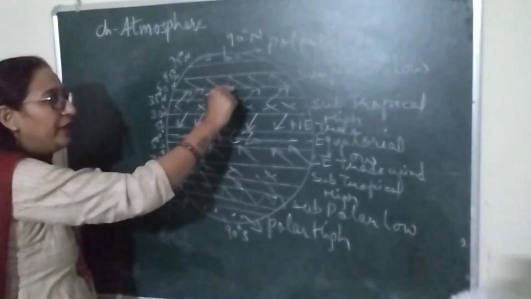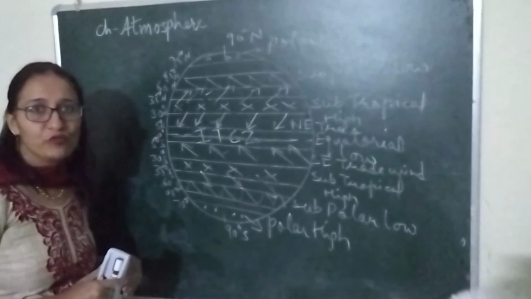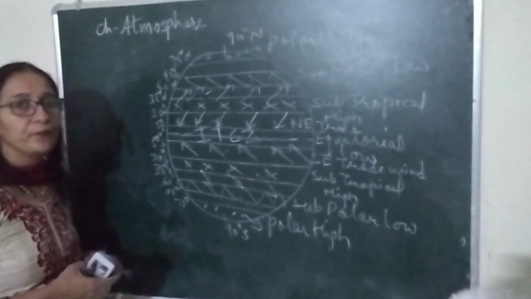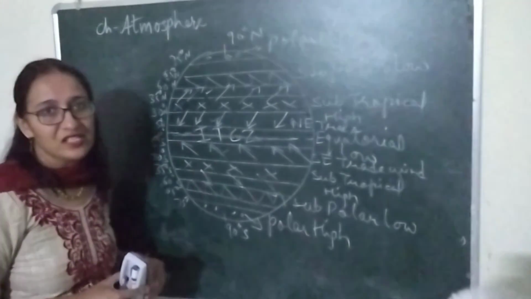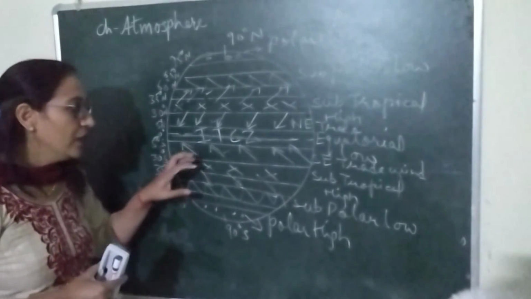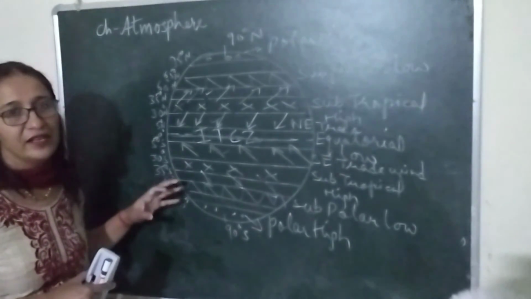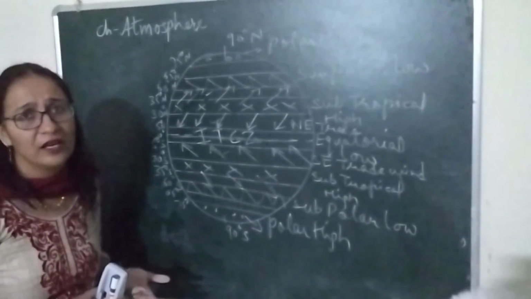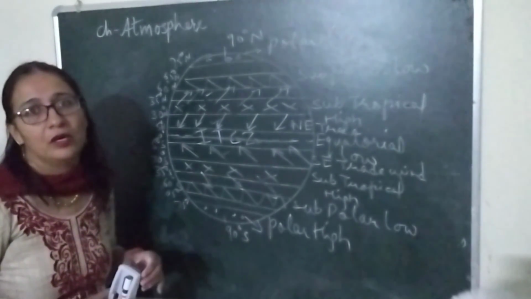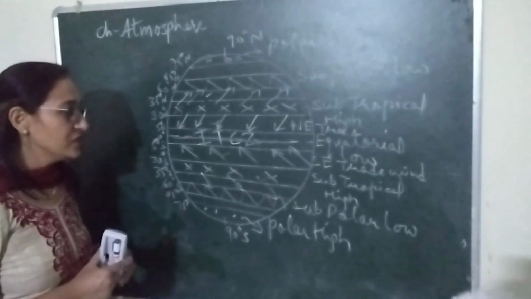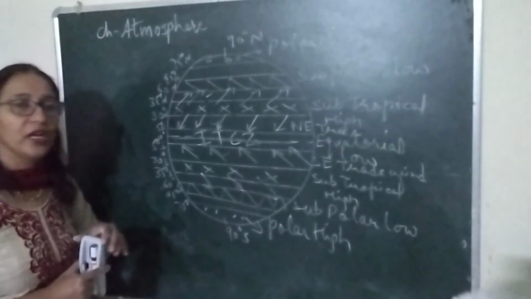So the speed of the westerlies in the northern hemisphere is less, and in the southern hemisphere the speed of westerlies is more, that is high. Why? Because the concentration of land is less in the southern hemisphere, so less friction will be there. Concentration of water is more in the southern hemisphere.